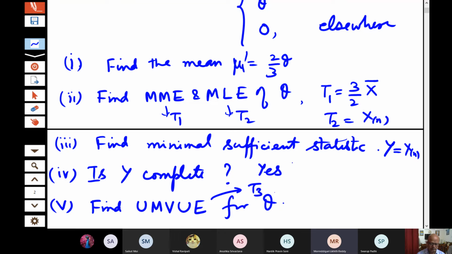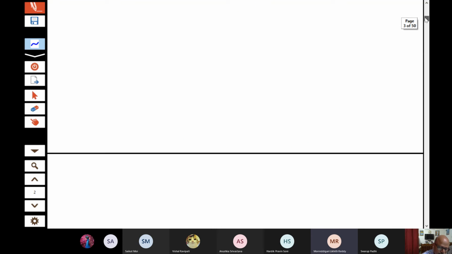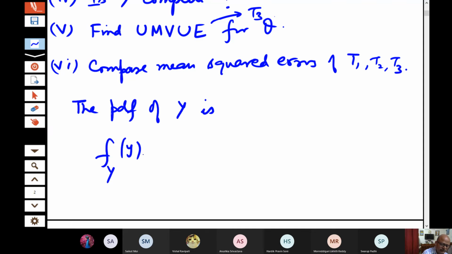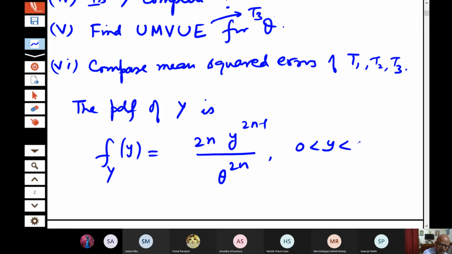The PDF of Y is 2n y to the power 2n minus 1 divided by theta to the power 2n. From here you can prove that it is complete.